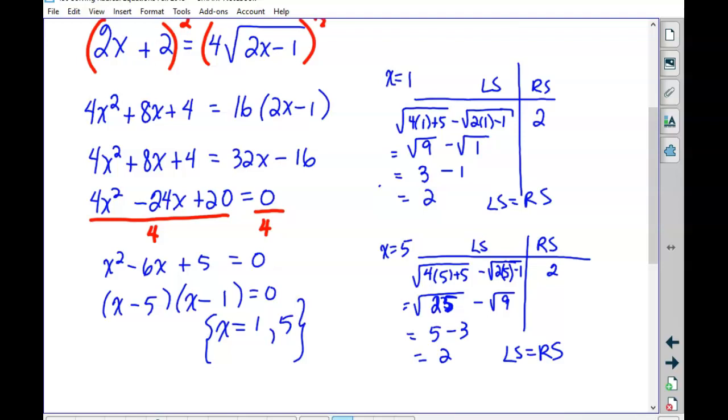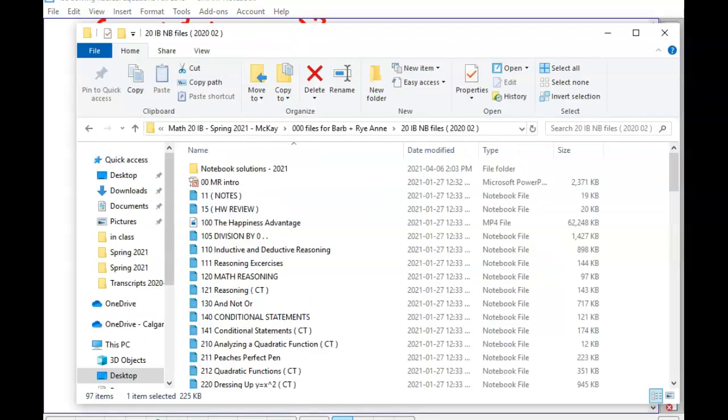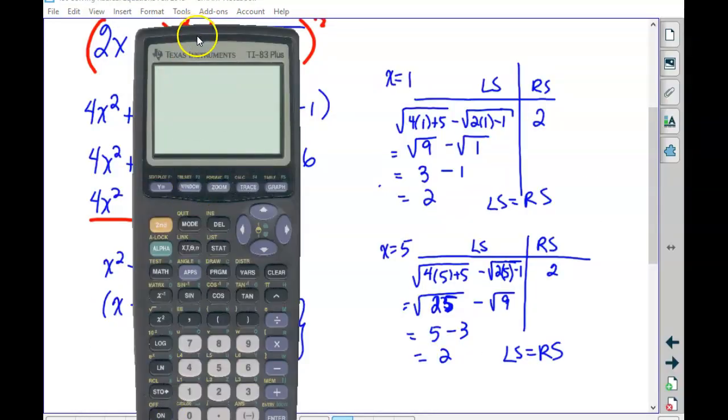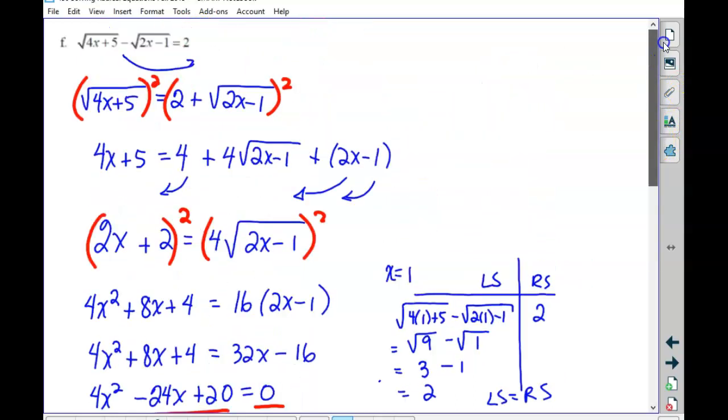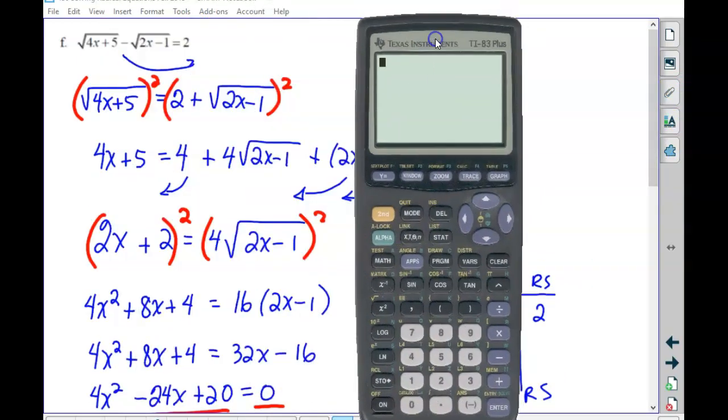If you are wanting to check algebraically, so I don't have my calculator out. Give me a sec here. So we would go back to the original and enter on y equals. Up to you. I'm going to put everything on one side. So square root of 4x plus 5.